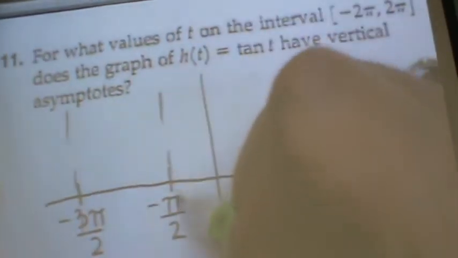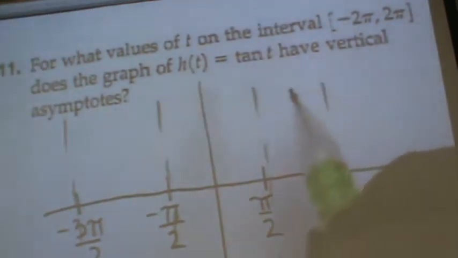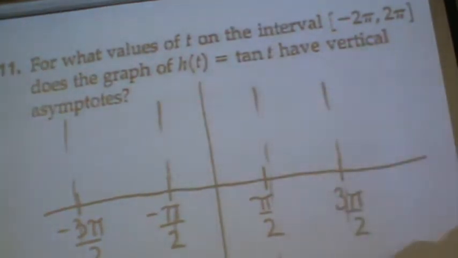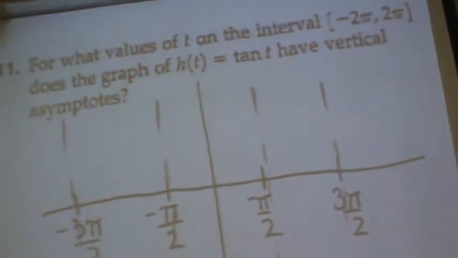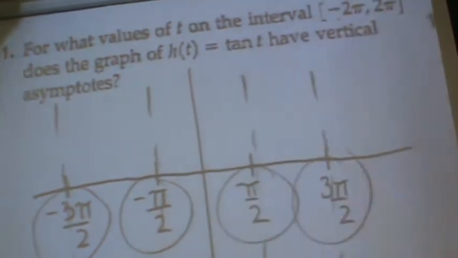And that's it. Those are all your asymptotes. Remember we talked about it, it's odd multiples of pi over 2. Those are your asymptotes between negative 2 pi and 2 pi. Questions?